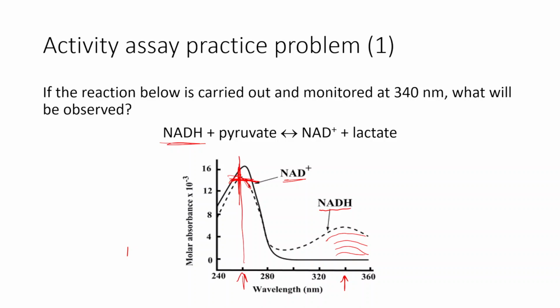So we want to measure at 340 because only NADH has absorbance there. Does that make sense for everybody? If you're using up NADH and making NAD, this absorbance here would stay fairly constant, even though the reaction is happening, because both your product and your reactant absorb there. Any questions about that?